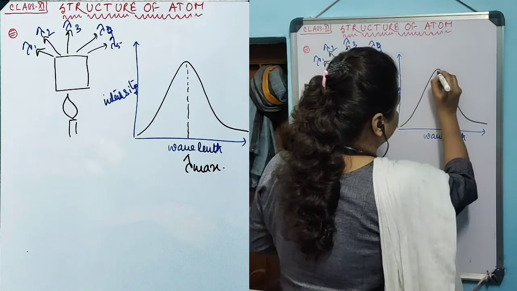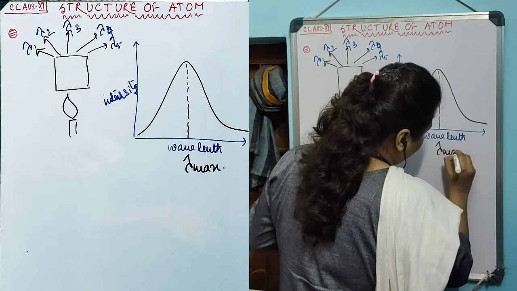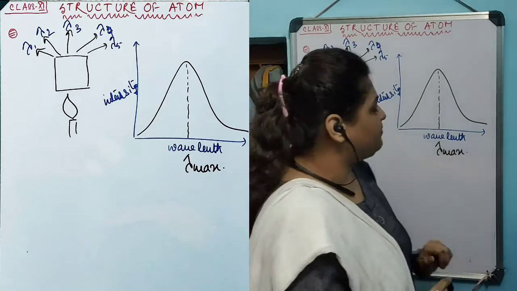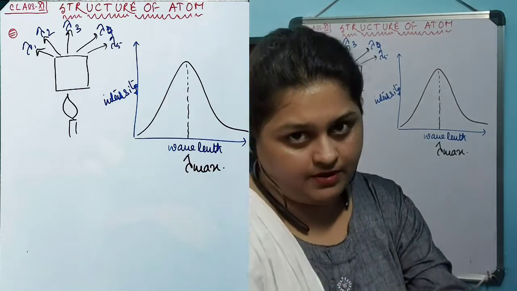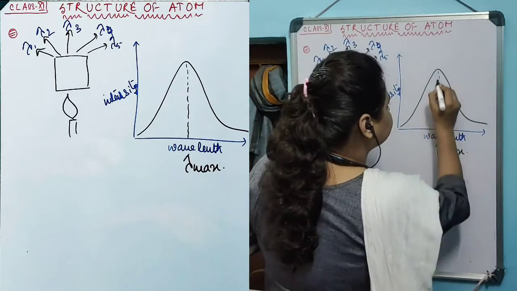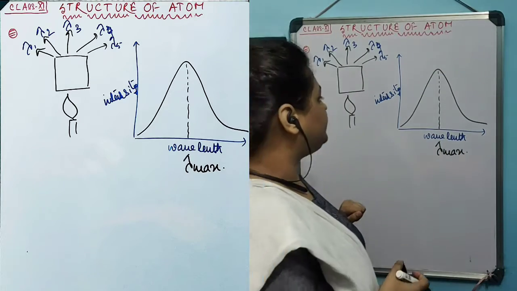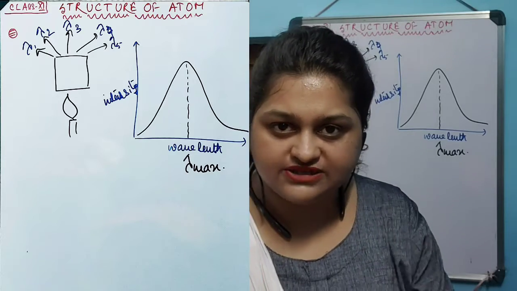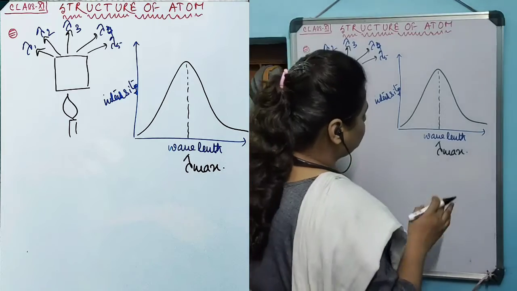But there comes a lambda value, which is assigned as lambda max. The body emits the radiation corresponding to this lambda value in the maximum amount. That is, the intensity of this lambda value, when emission happens after the heating of this body, is the maximum.